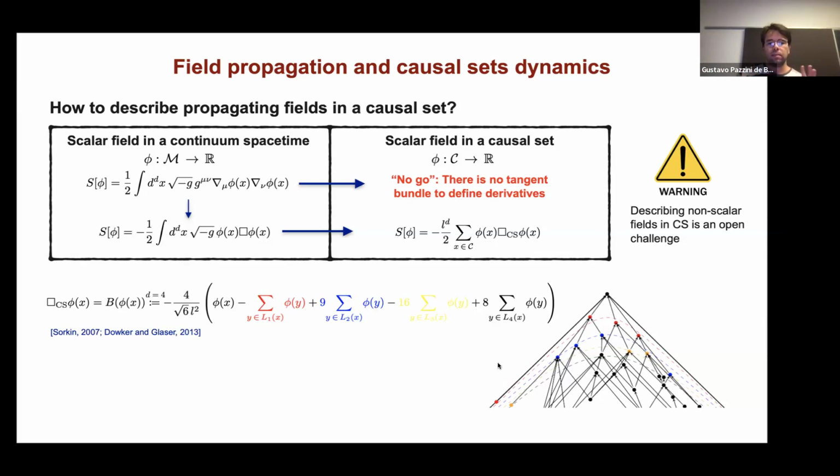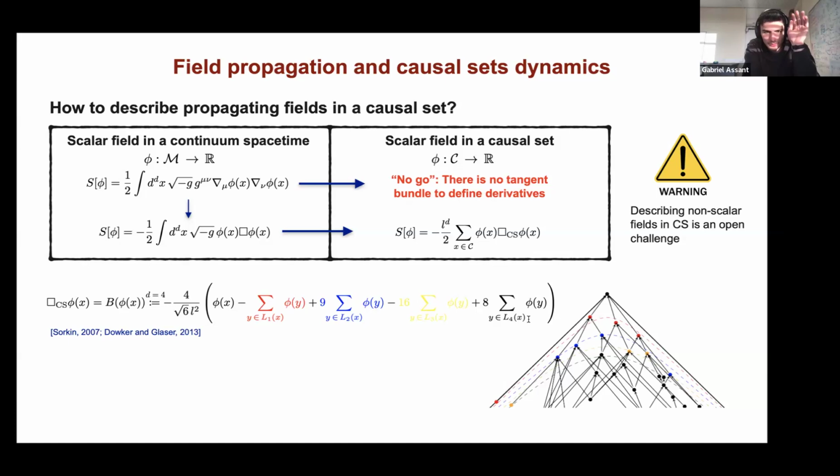So this is a covariant Lorentzian way of defining a derivative in a lattice. In a lattice, this would come from the finite difference operator, where we subtract first neighbors and so on. I think there is a question.